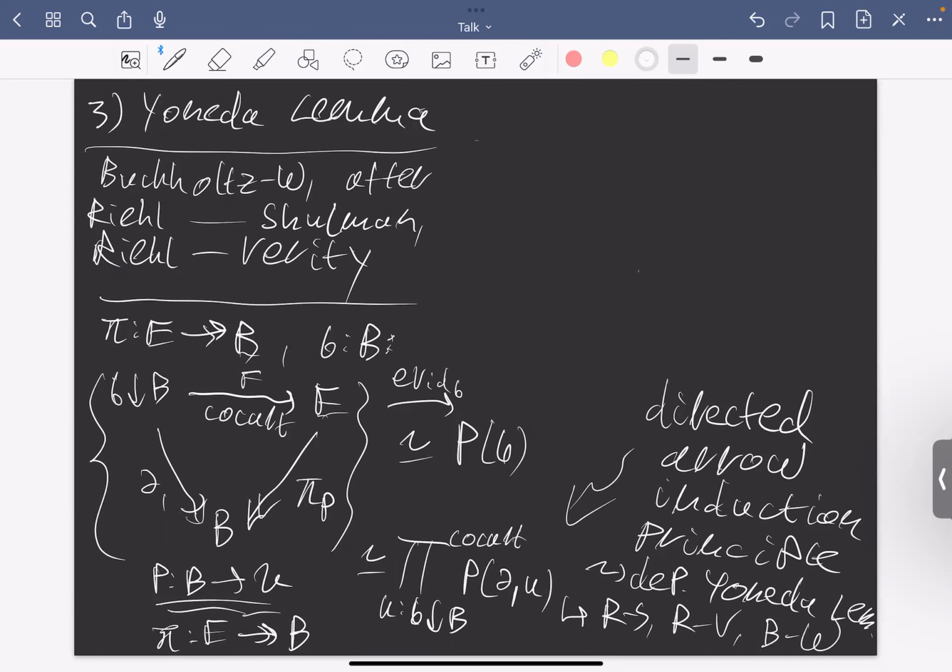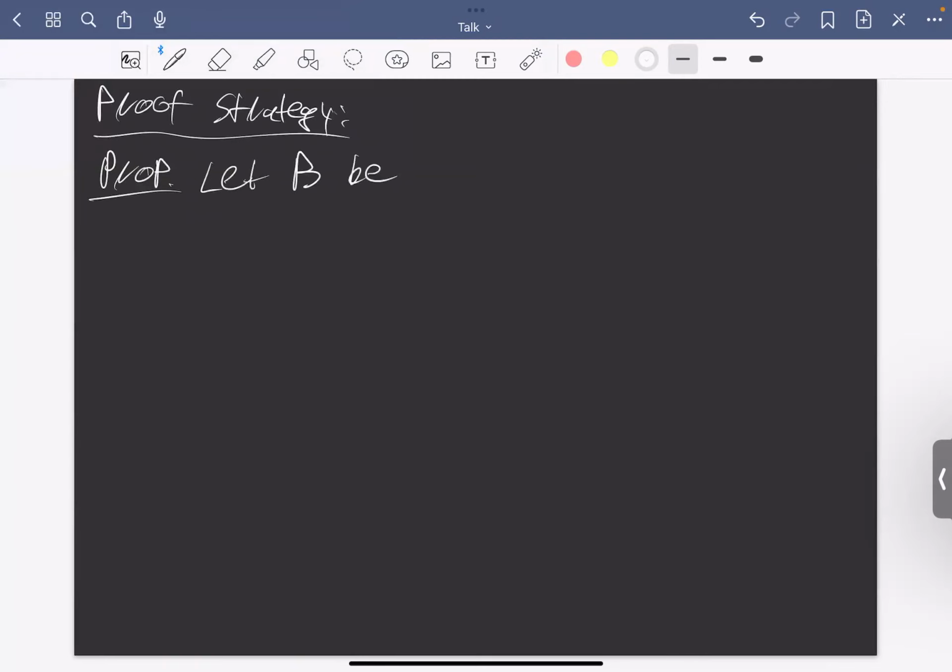So I'd like to say something about the proof a little bit. So, proof strategy of this is as follows. Essentially, it's going to be just a corollary. Okay, I shouldn't say just, but that's what it will be. So it will be a corollary of the following result, also analogous to the strategy that is used in Riehl–Verity.